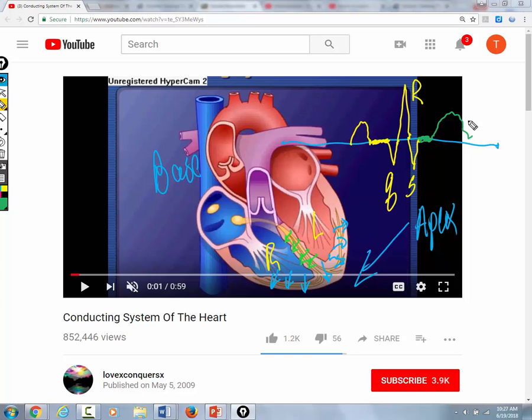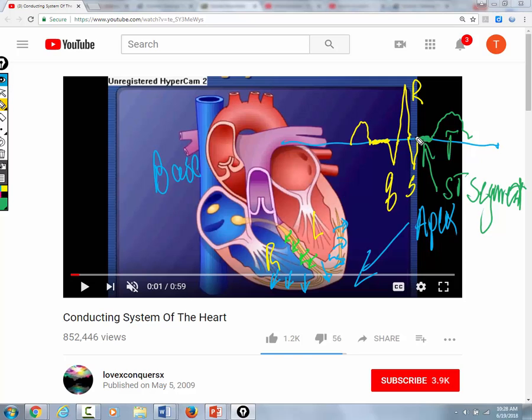Are you following me? This little segment after the QRS complex and before the T wave is called the ST segment. Listen up, because this is true.